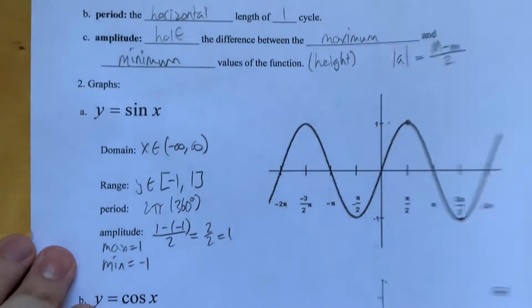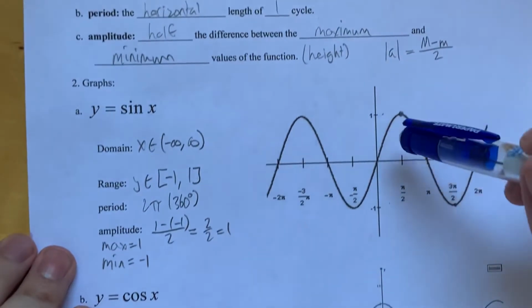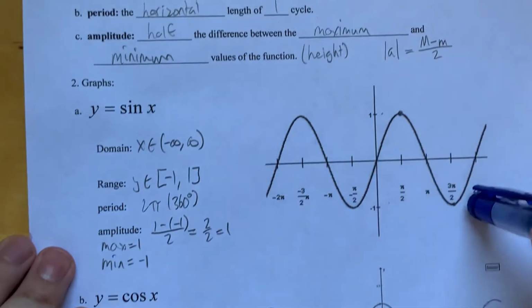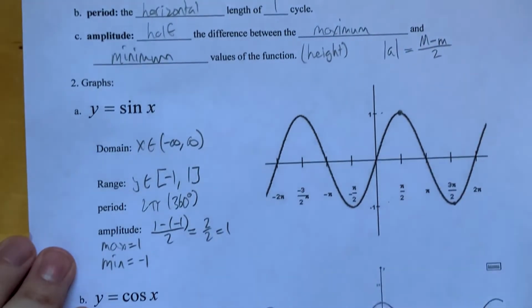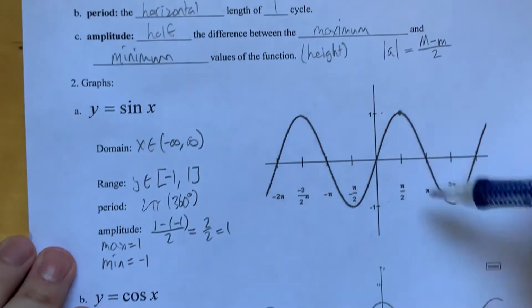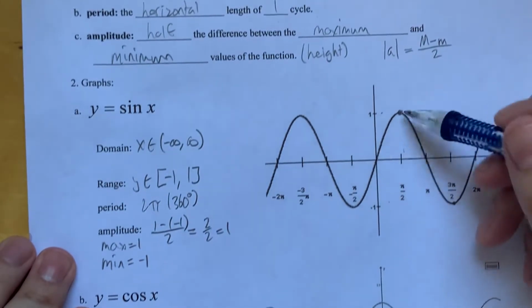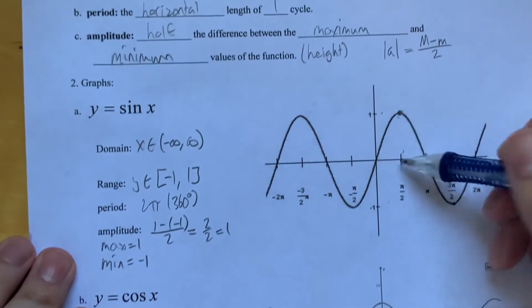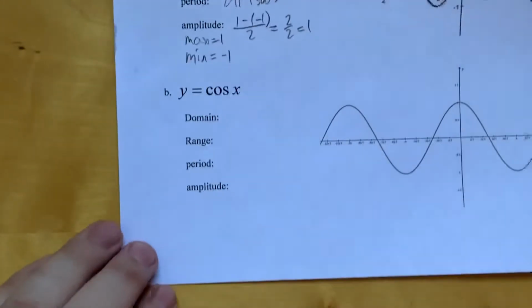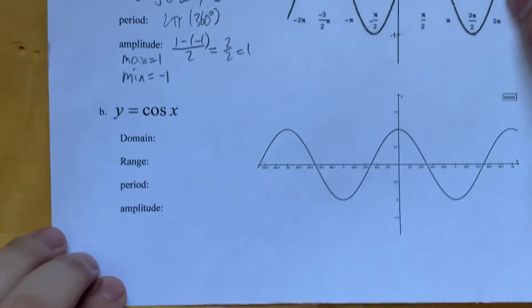Domain, infinite, range, -1 to 1, period's 2 pi, yep, I already showed you guys that, and the amplitude is 1, because it's half the difference between the maximum and minimum, which is 1, right? Halfway is 1. Good.